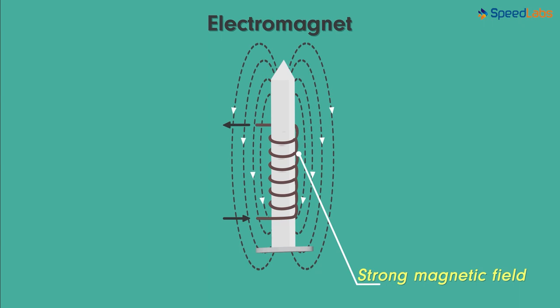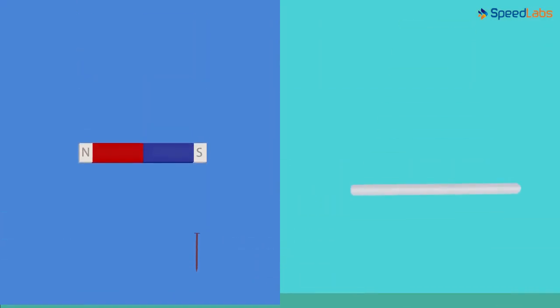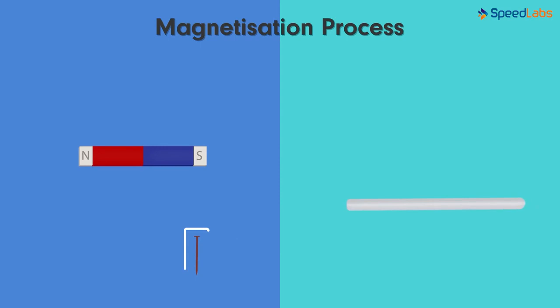Do you know what's happening here? Have you heard of the word magnetization before? Yes, here an iron nail is magnetized. It's kept under the magnetic field of this wire and hence it becomes a temporary magnet. In the past, we have discussed the two ways to magnetize any iron object such as an iron nail.